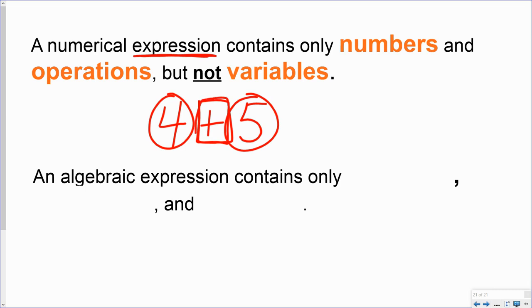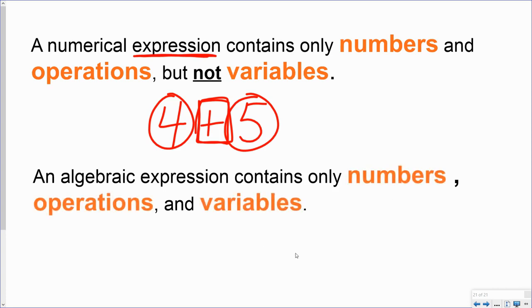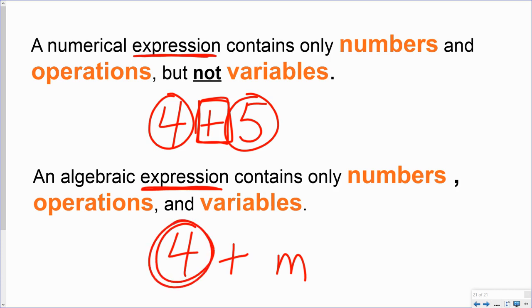An algebraic expression contains numbers, operations, and variables. So again, an expression does not include an equal sign. So if I have 4 plus m, here's my number, here's my operation, and here is my variable.